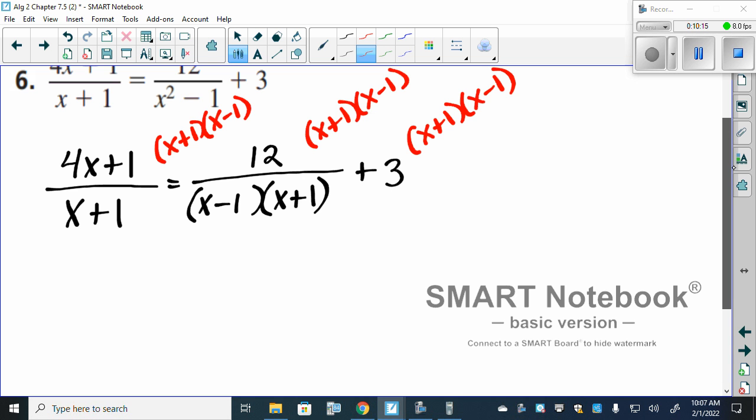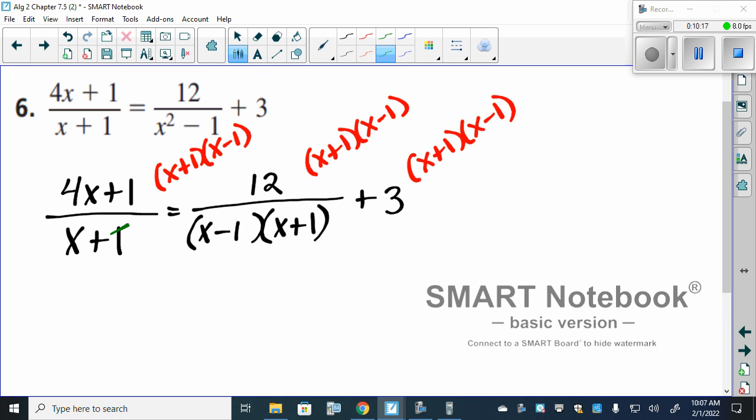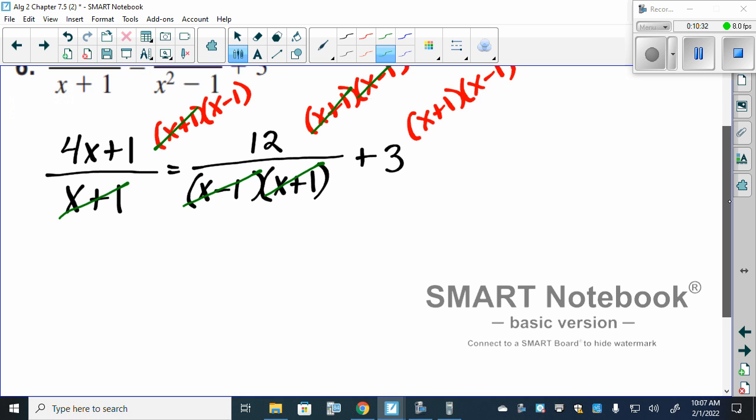Now, if we look at this multiplication here, for the first one, the x plus 1 and x plus 1 cancel out. In the middle, both of them: x minus 1, x minus 1, x plus 1, and x plus 1. And the last place we have neither of them. They both stay, yes?